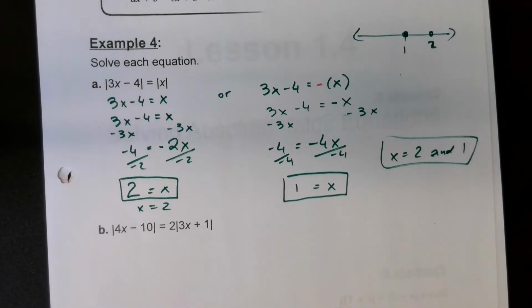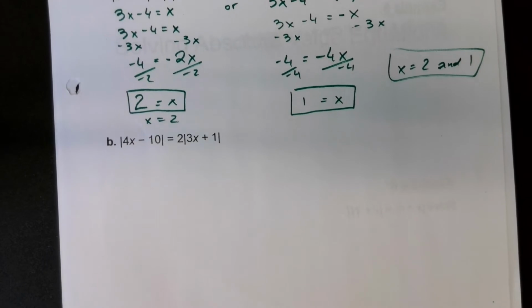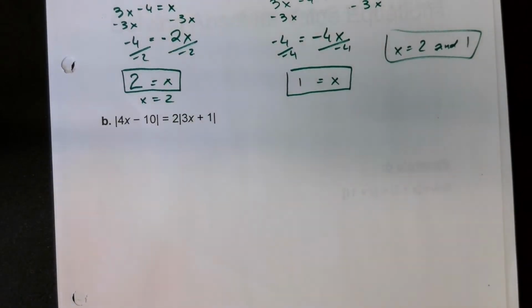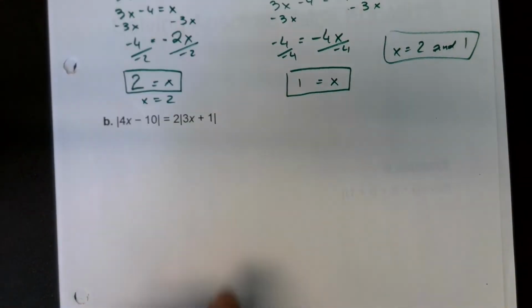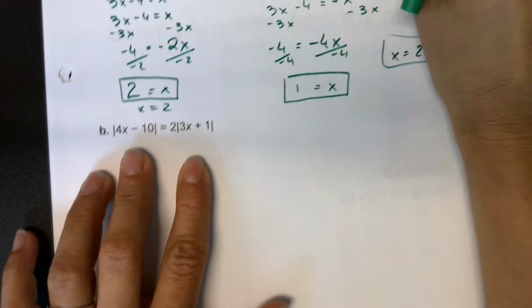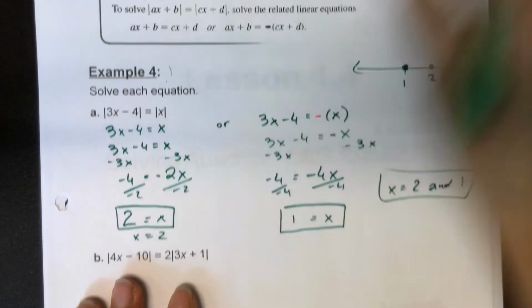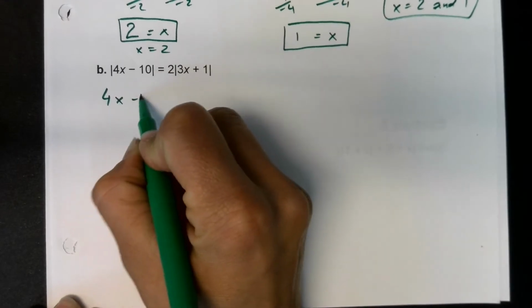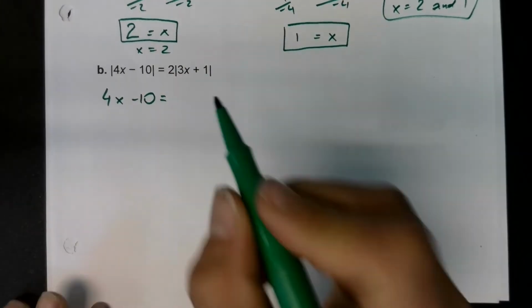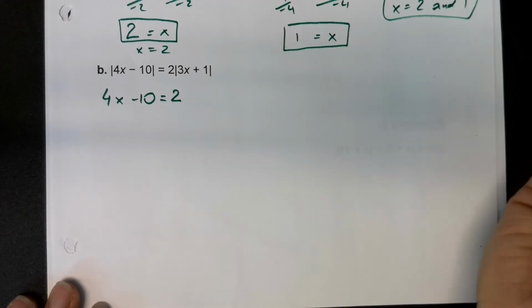Okay, how about this one? This one has a number in front of it. But yet again, there's nothing we can simplify or do. You do not want to distribute that yet. You want to just set them up and drop the parentheses off. So the first one, you copy your 4x minus 10 equals, and now we have 2.